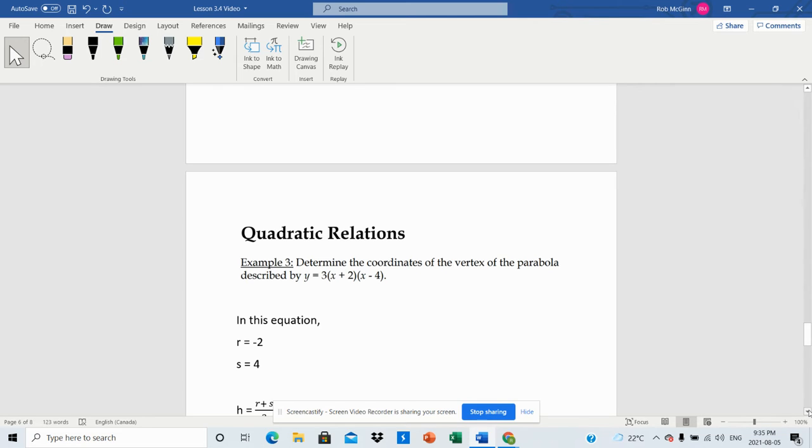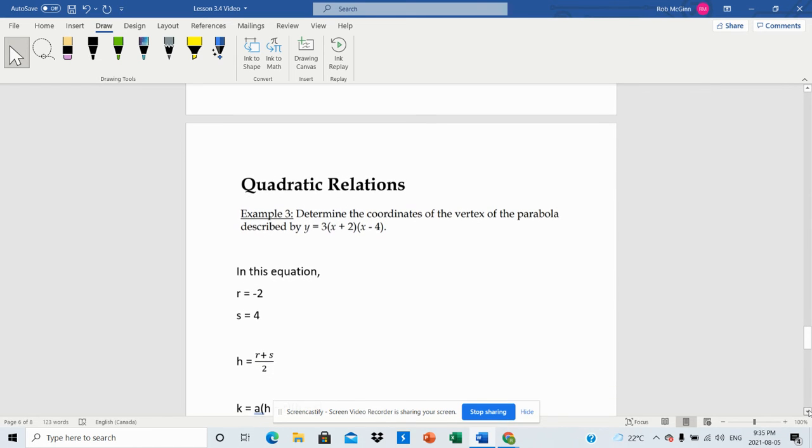So if we want to find the h coordinate of our vertex, or the x coordinate of our vertex, we're just going to add r and s together and divide by 2. Find the average of them, or the midpoint. So I've got the formula here, h equals (r plus s) divided by 2. And we're just going to fill that in now.